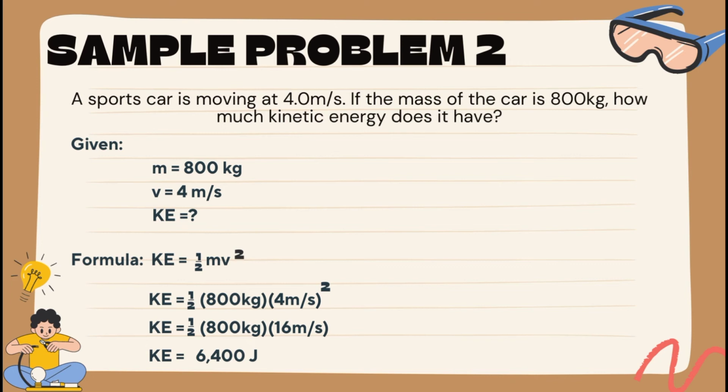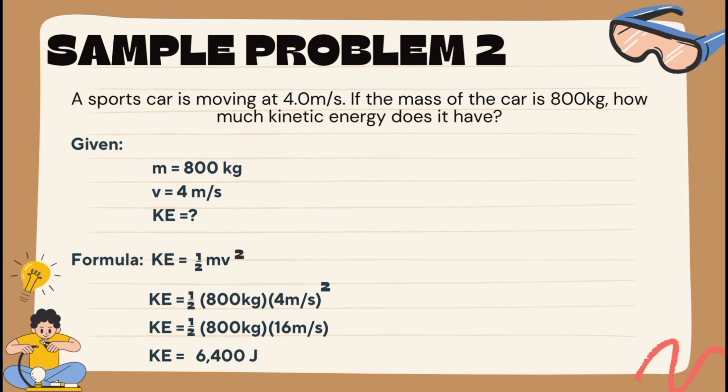So first, again, let's get all the given values in our sample problem. Mass is 800 kilograms. Velocity is 4 meters per second. And still, our missing value is kinetic energy. After we get all the given values, now let's get the correct formula.